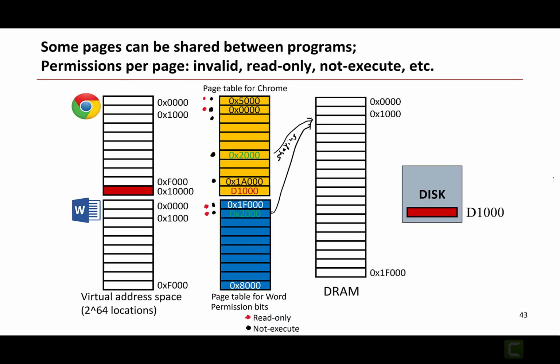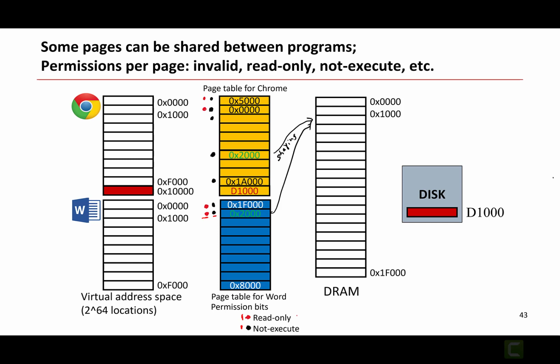Now, why is this interesting? You see this red dot and black dot. I'm going to assume that the red dot is one bit that tells you whether the page is read-only. The black dot tells you that the page is not executable. So read-only means the program can only read from that page, not write to it.